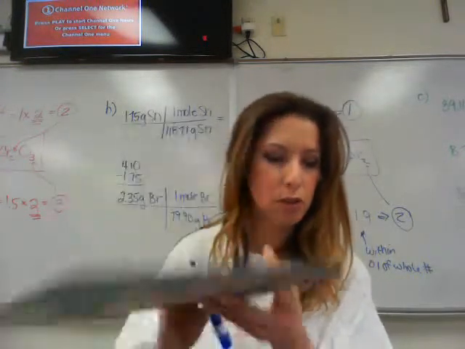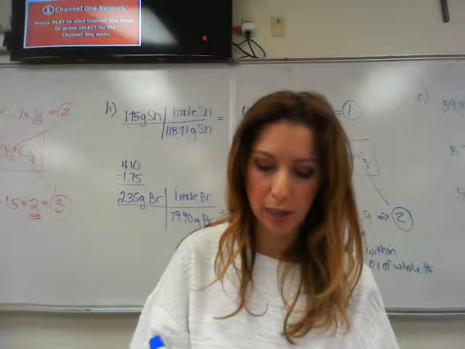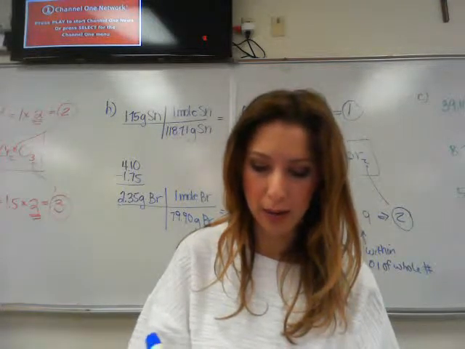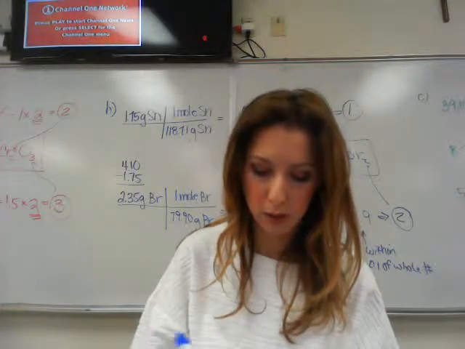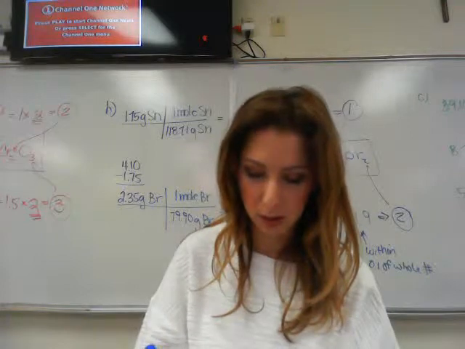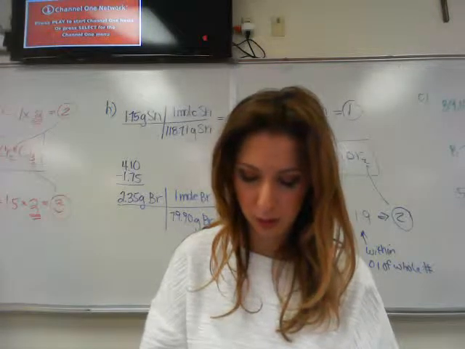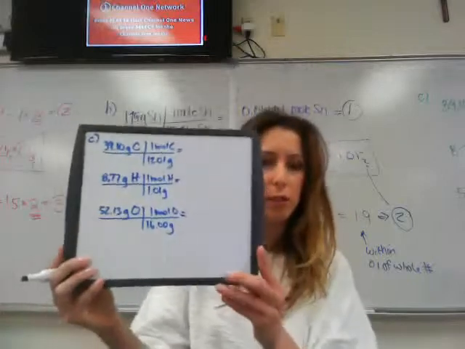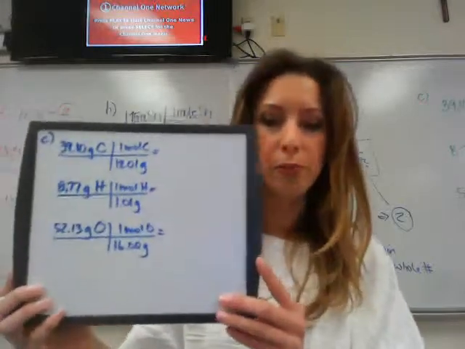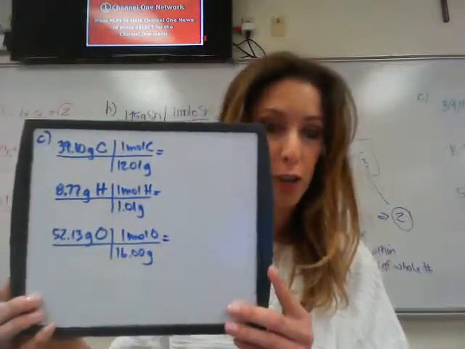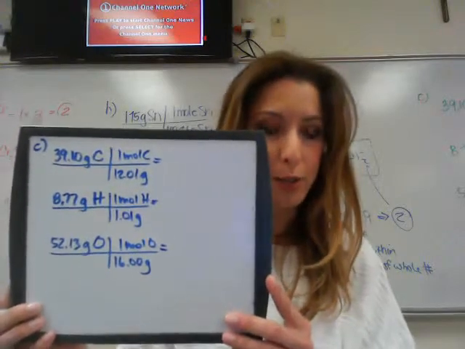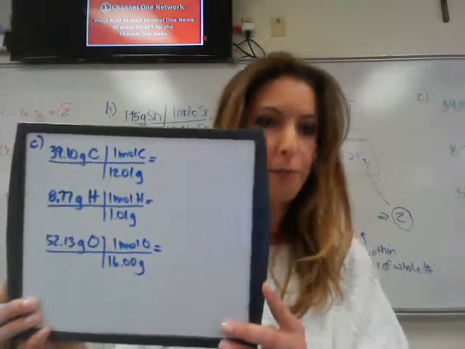Now you want to convert grams to moles, so we're going to divide each by the molar mass. Keep in mind that all of these substances are not pure, so don't make the molar mass of hydrogen and oxygen what it would be if they were diatomic, because these are all in a compound, okay?